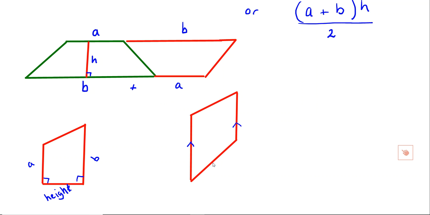So again, people would look at that and go, oh, that's not a trapezium. All right? But it is. I've almost drawn a different shape there, a rhombus.